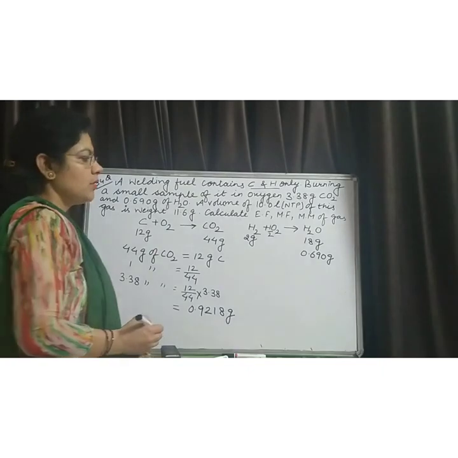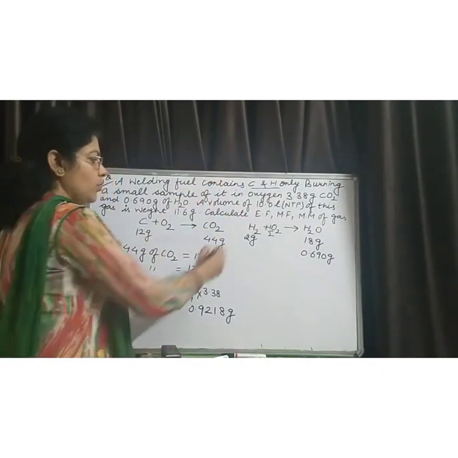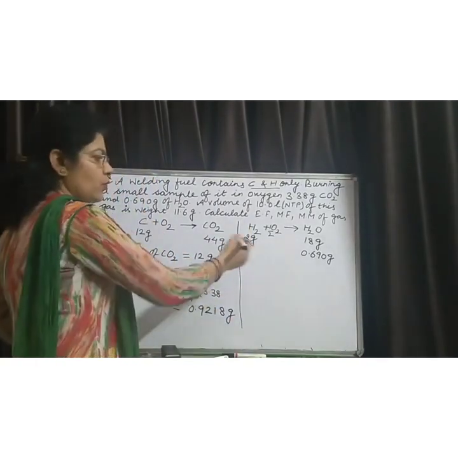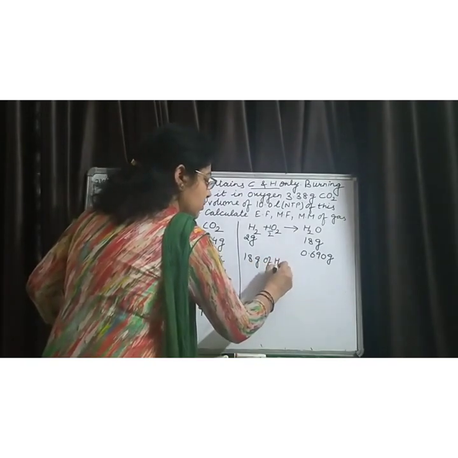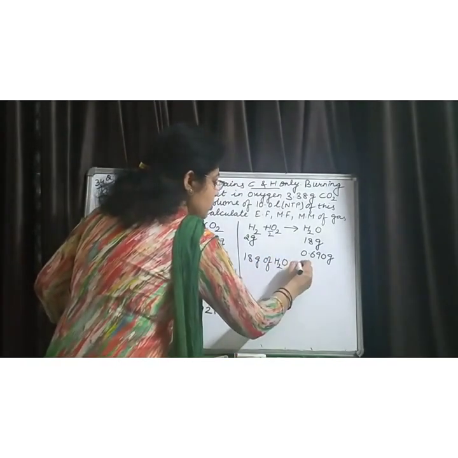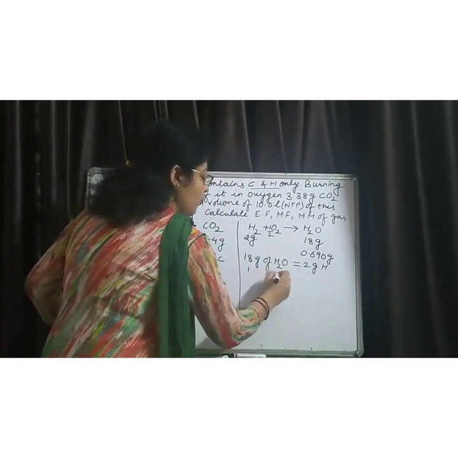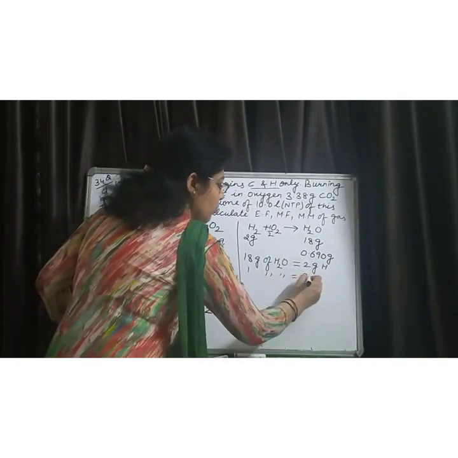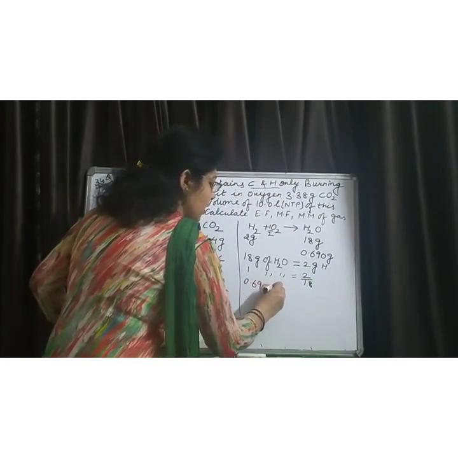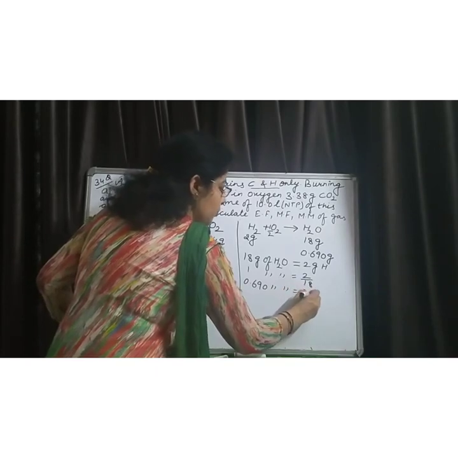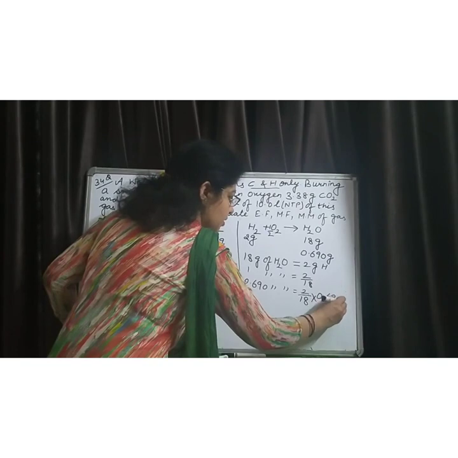So we solve for the amount of hydrogen present in this welding fuel. 18 gram of water is produced by 2 grams of hydrogen. 1 gram of water is produced by 2 by 18, and 0.690 gram of water is produced by 2 by 18 multiplied by 0.690.